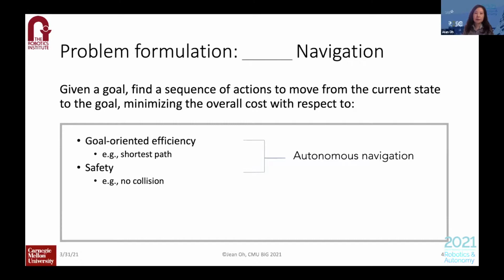There are usually costs or some objective to optimize. In the autonomous navigation domain, the major objectives are efficiency and safety. This is the bare minimum. In order to get to the goal, we need to find an efficient path, and while the robot is reaching the destination, collisions should be avoided.